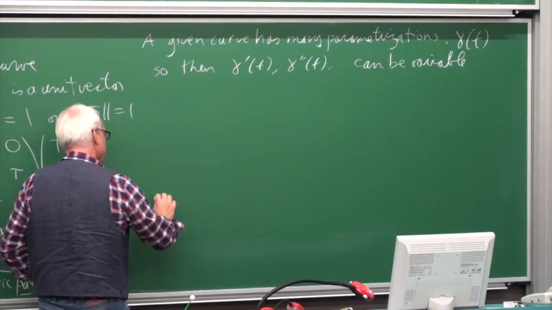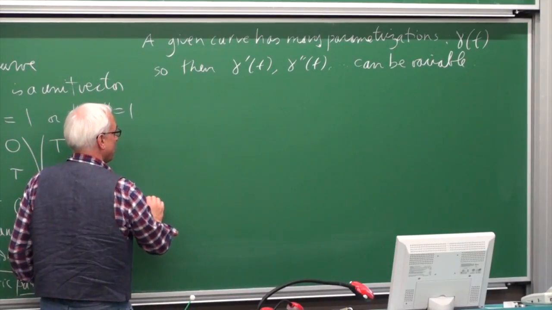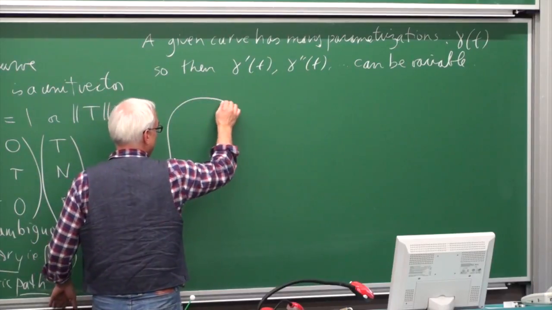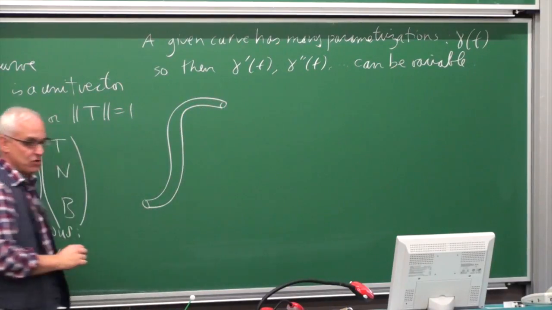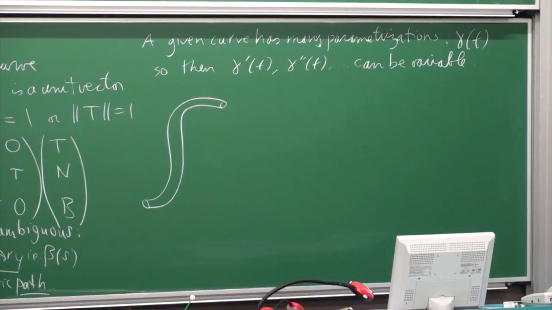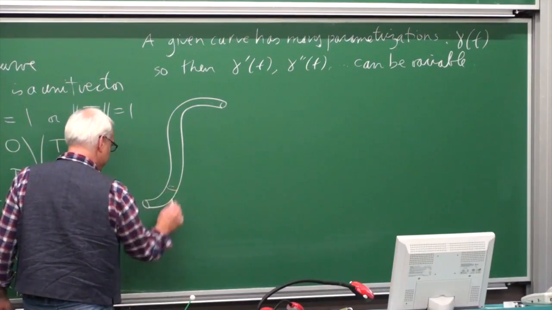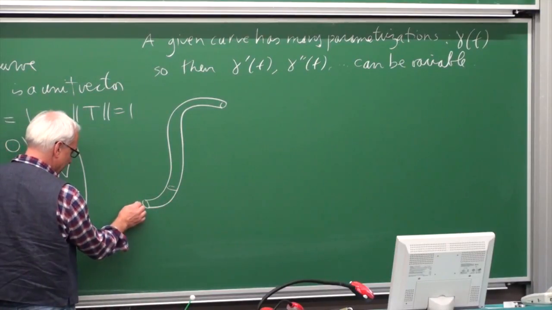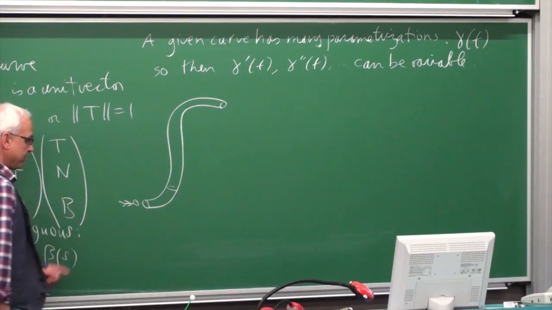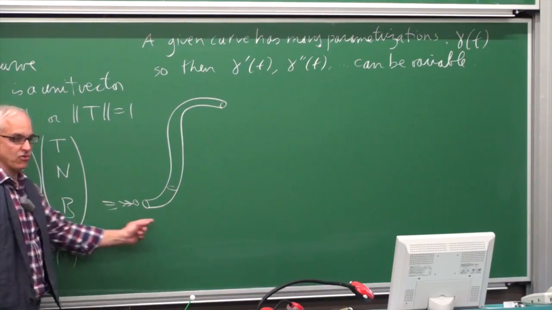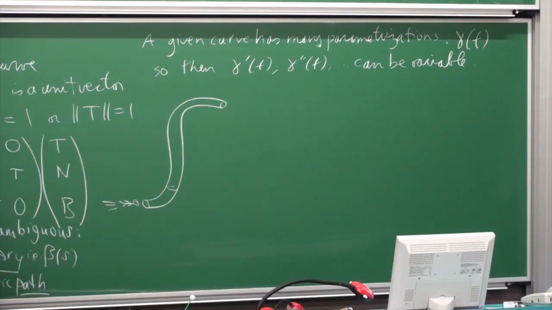So let's just make a little remark about changing parameterization. Let's suppose, to fix the discussion, we have a little tube and we're thinking about a physical particle going through this tube. To make it interesting, suppose it's like a bobsled rider, somebody who's actually going to traverse this tube.